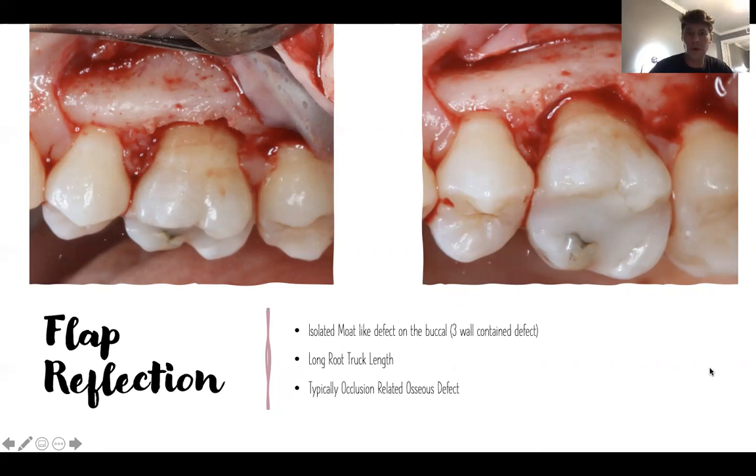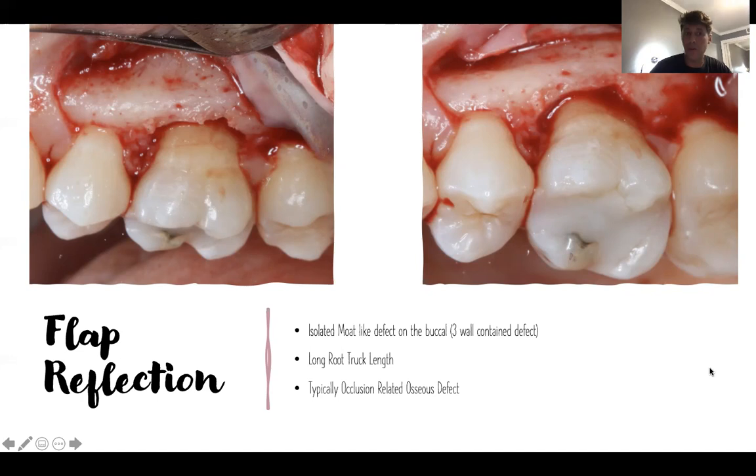An isolated moat-like defect on the direct buccal number 14. With this defect, it's a contained 3-wall defect. One thing to take note of in this photo is you can see the heavy wear on the occlusion of number 14, especially on the mesial lingual and distal lingual cusps, indicative of non-working interferences.